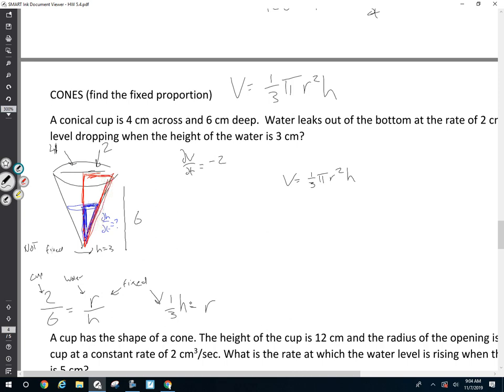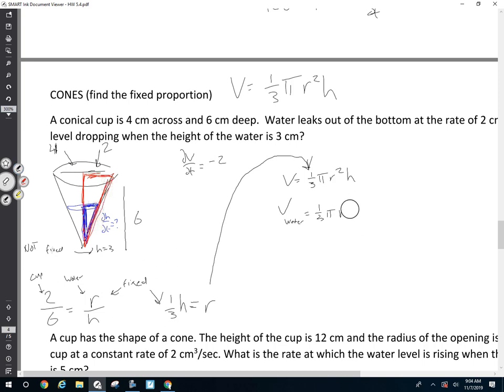I will take that and substitute it in to my formula for the volume of the cone so that I have the volume of my water in this cup. I get 1/3 pi times r squared times 1/3 h. What am I doing?